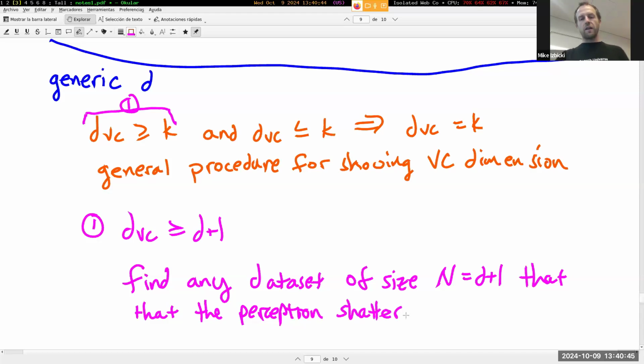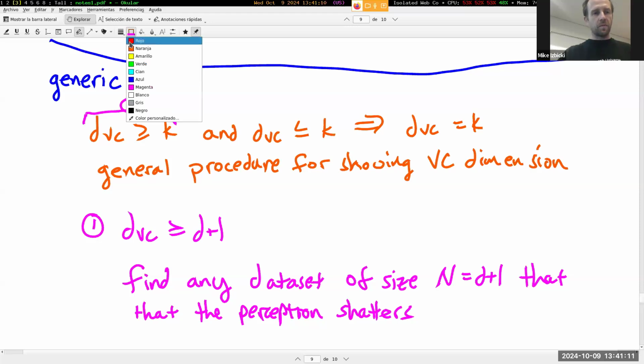Again, shattering, we had 3 equivalent definitions for. One of those definitions is that we can assign all possible class labels to any of the data points. Another definition is that the size of the dichotomies is exponential. So this here is equivalent to saying that our growth function is exponential.